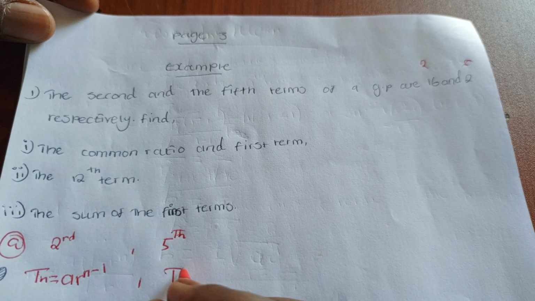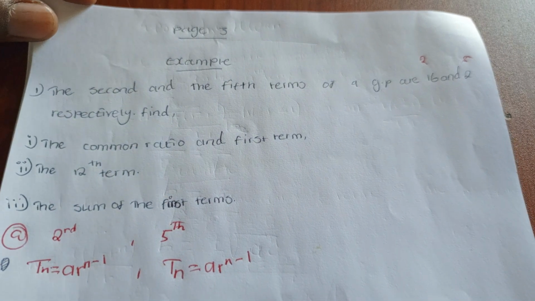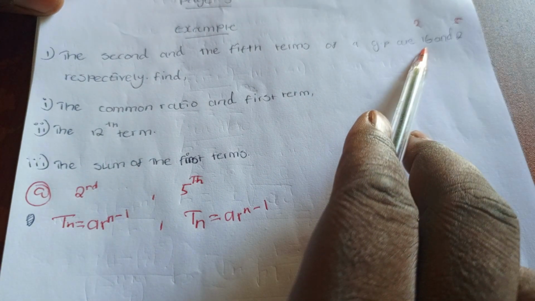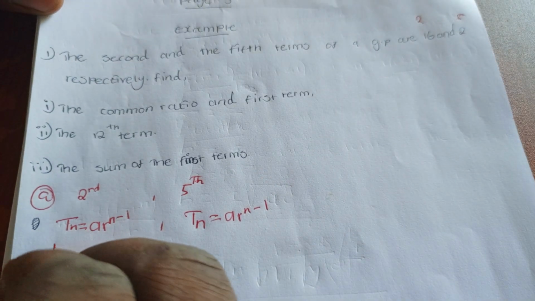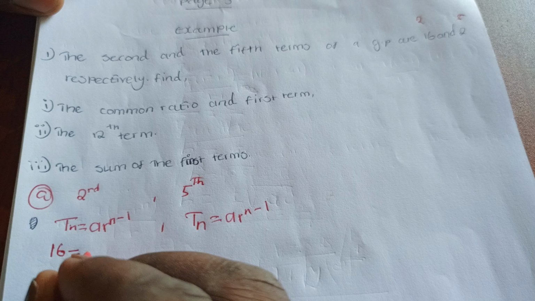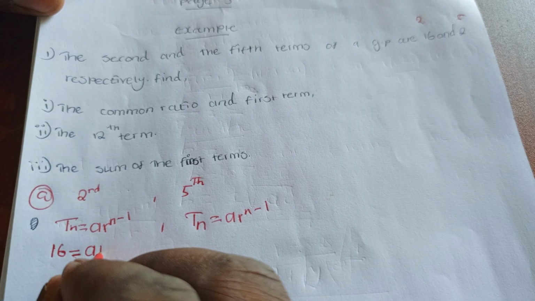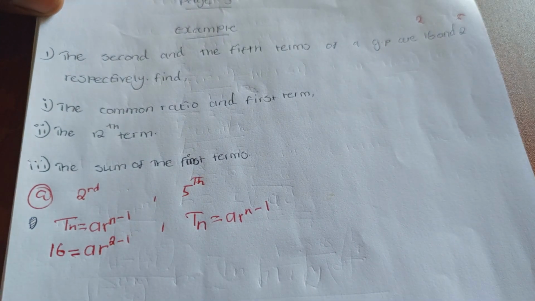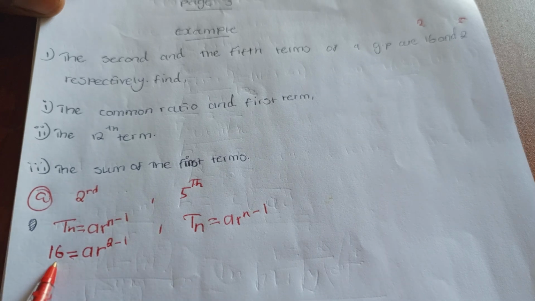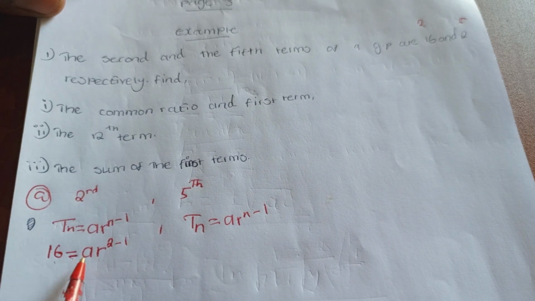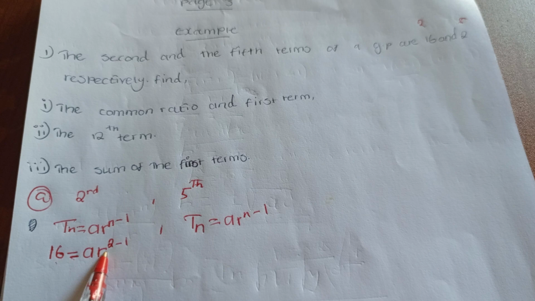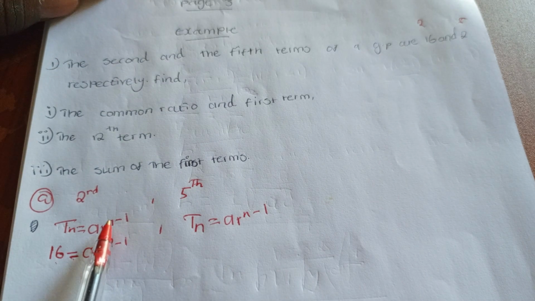The second term is 16, so I put 16 is equal to A, which I don't know, R, the common ratio, which I don't know, to the power 2 minus 1. Be careful.